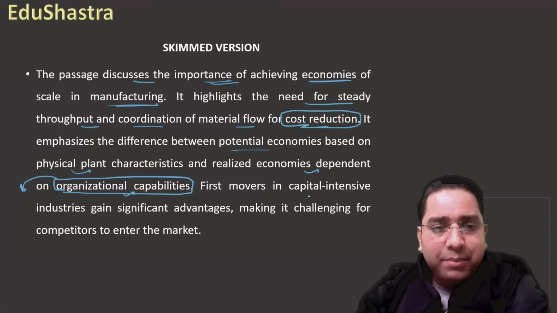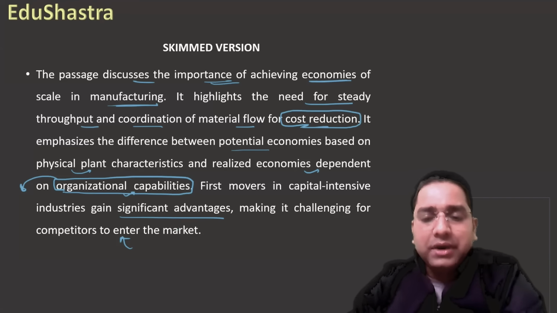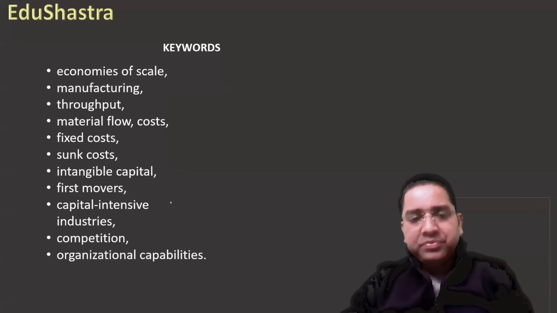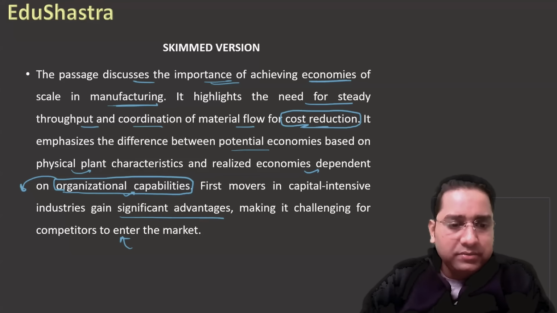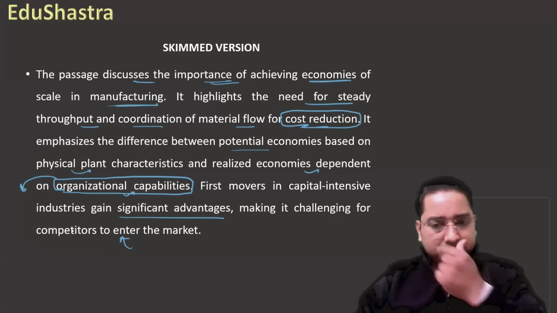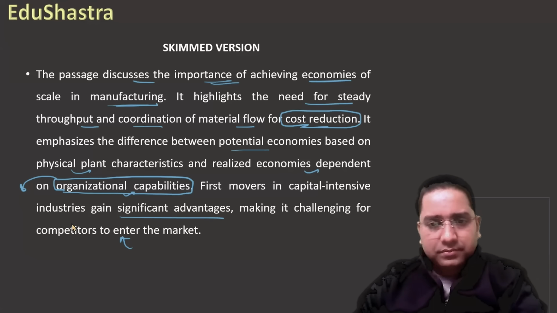So first movers in capital intensive industry gain significant advantages, making it challenging for competitors to enter the market. This is what it is all about. Keywords, I believe everybody can write the keywords. Please write the keywords, guys.